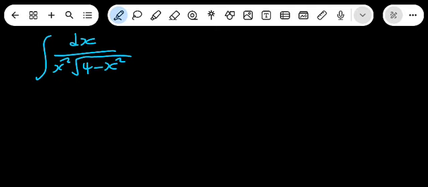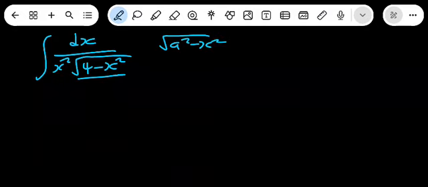We've been given this integral. So as you can see here, which one will you apply? We'll apply this one. If you check here, we have the format of the sine, right? We have the square root of a squared minus x squared.